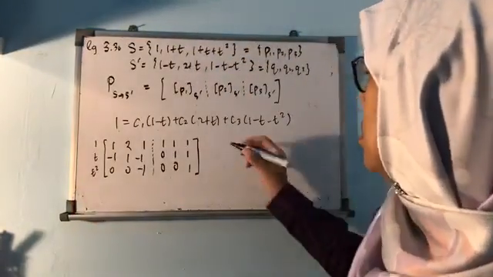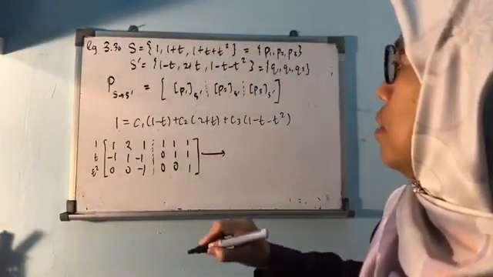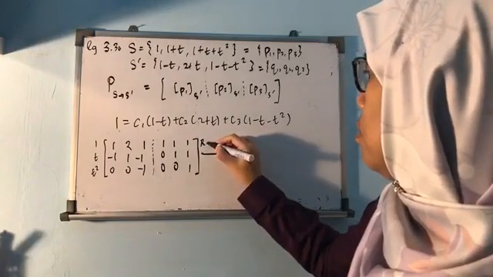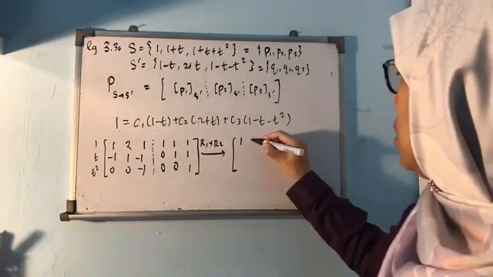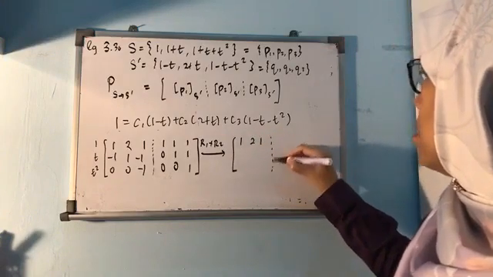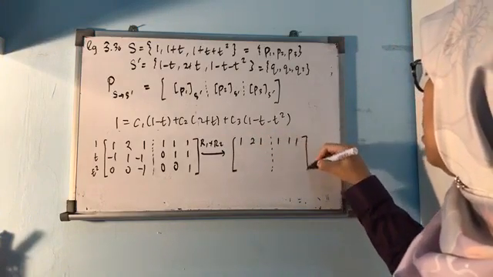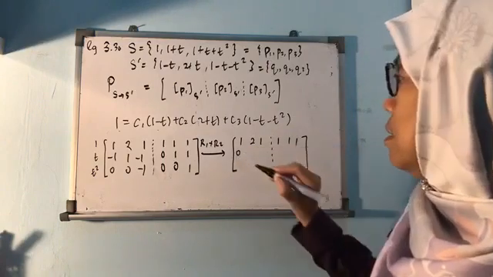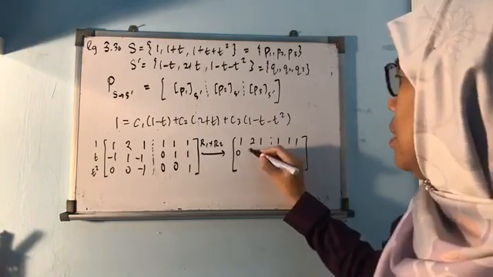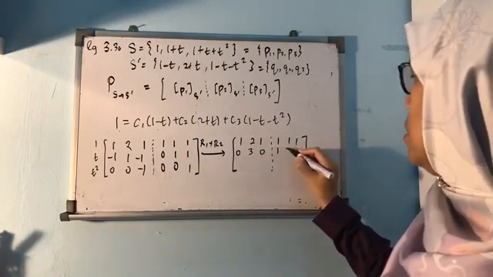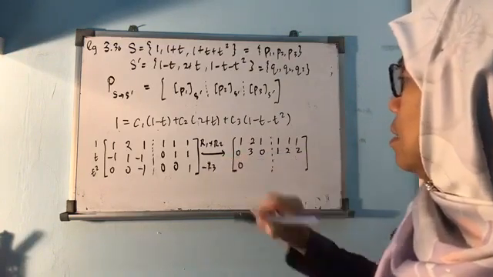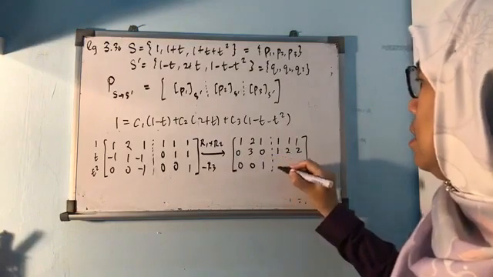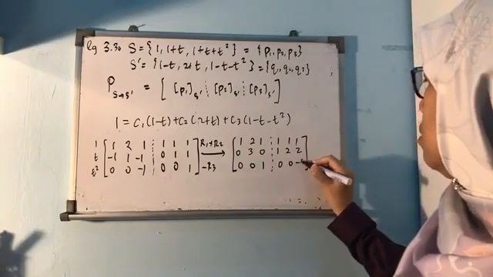Let's see. So row 1 plus row 2, right? Okay. 1 2 1, 1 1 1, 0 3 0, 1 2 2. Oh, negative row 3. 0 0 1, 0 0 negative 1.